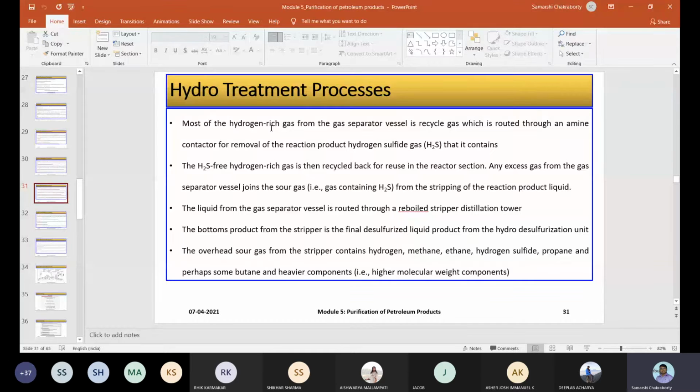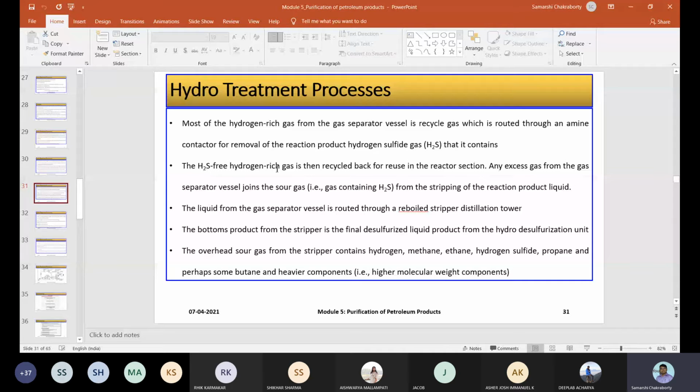Now most of the hydrogen rich gas from this gas separator vessel is recycled gas, which is routed back to an amine contactor for removal of hydrogen sulfide, because your hydrogen may contain a little bit of hydrogen sulfide, so it has to be properly treated in this amine contactor.